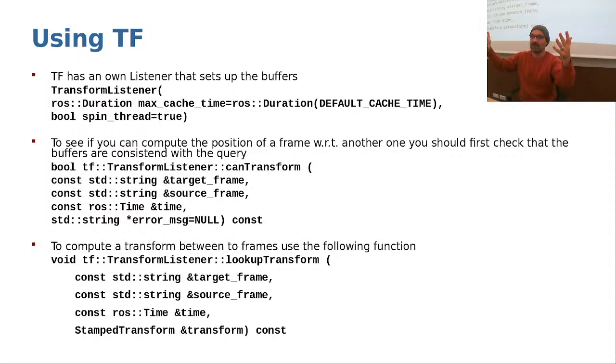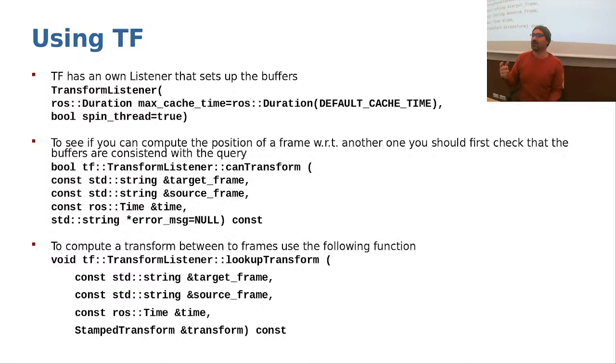So you have two frames, and you say, hey, can you tell me what is the position, for instance, of the laser with respect to the odometry at this point in time? And then the system will calculate the interpolation. You will know at this point in time where our LiDAR was facing, and you will be able to draw the points at the correct inclination. That clear?